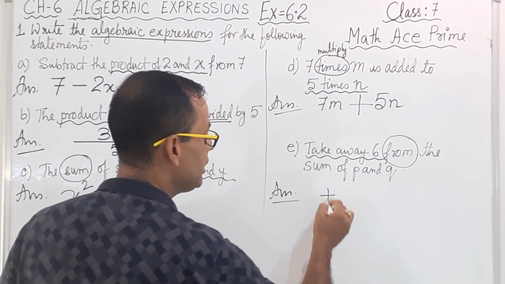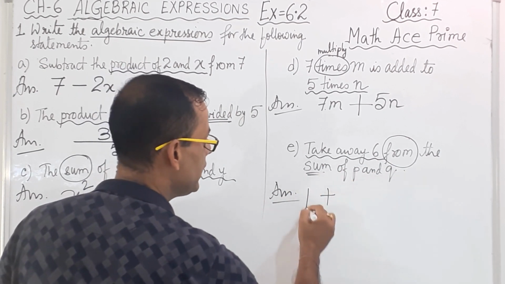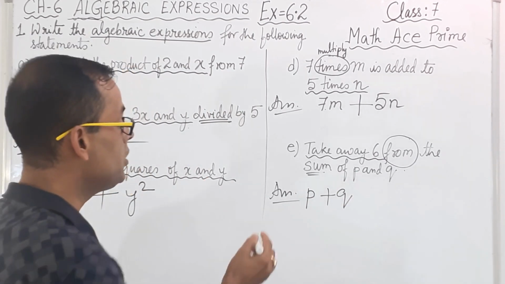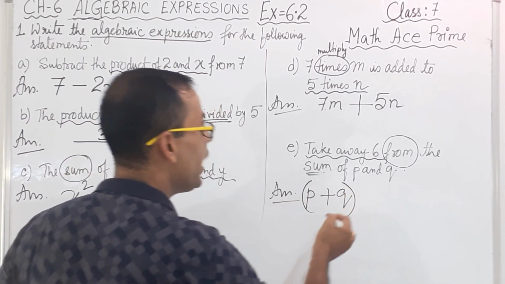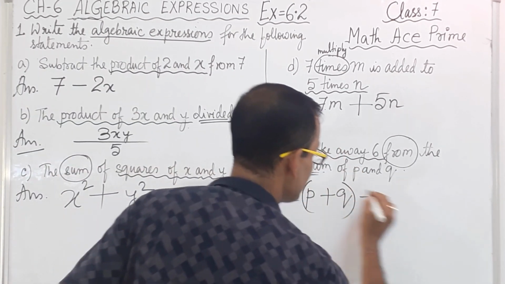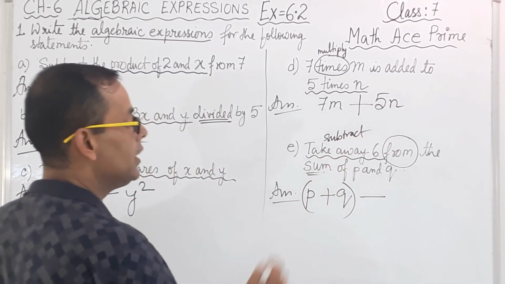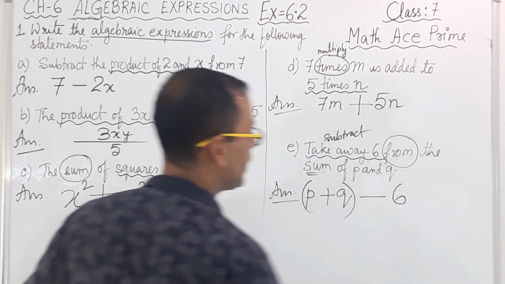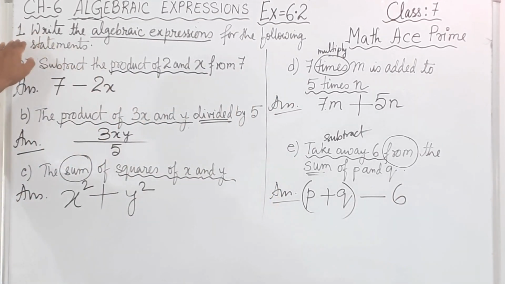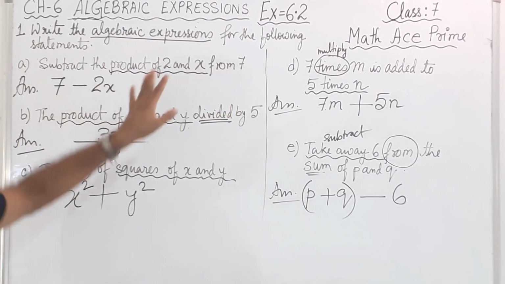Sum of P and Q means addition, that means P plus Q. From this sum you have to take away 6, so we subtract 6. So this is the answer. I hope you have understood how to frame algebraic expressions from sentences.